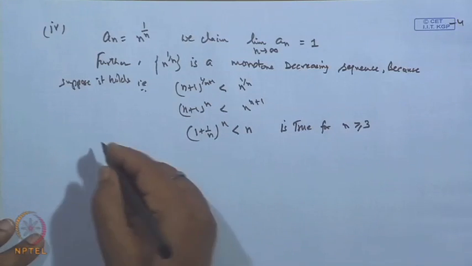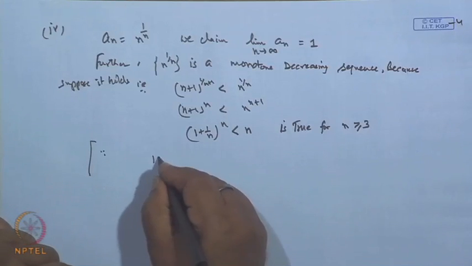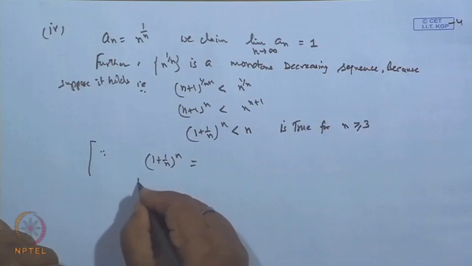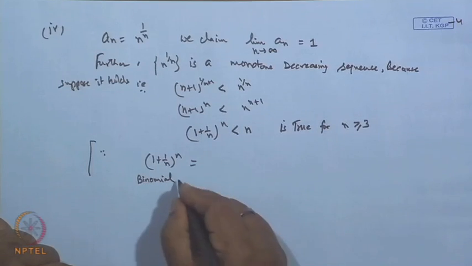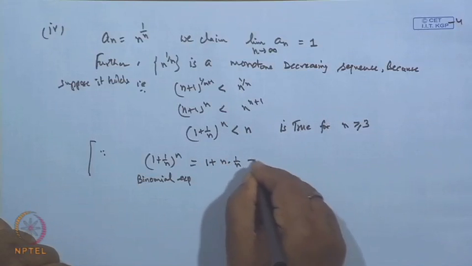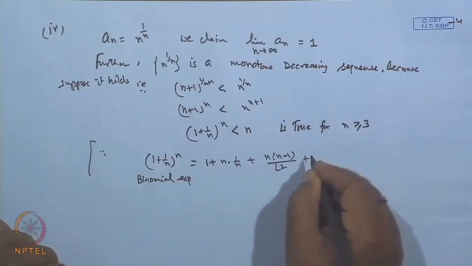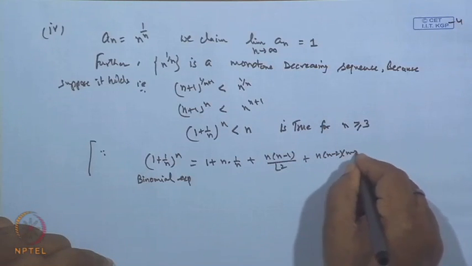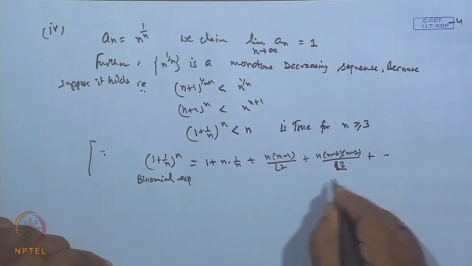The reason is that for 1 plus 1 by n to the power n, we apply the binomial expansion. So, 1 plus n x plus n into n minus 1 over factorial 2, plus n into n minus 1 into n minus 2 over factorial 3, like this.